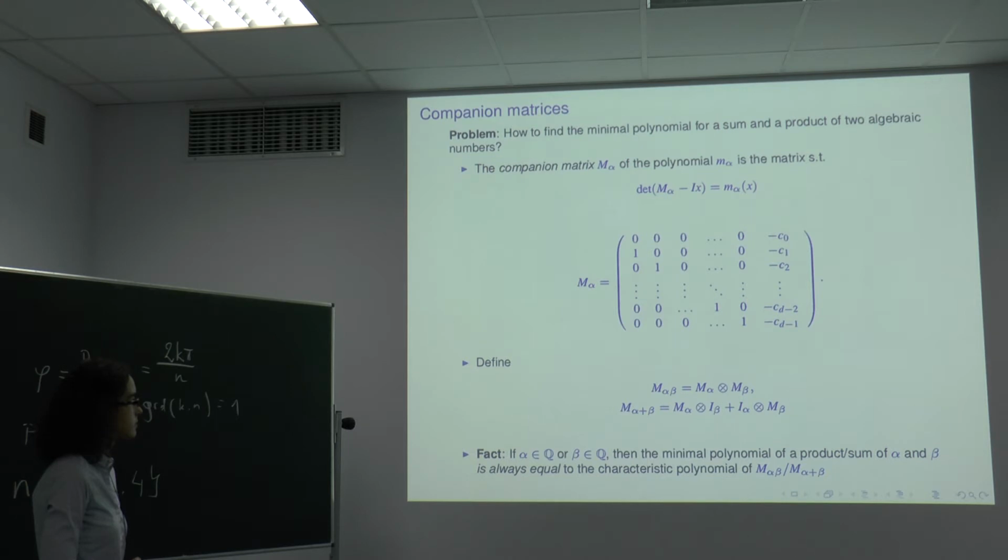So in some particular cases one can show, but it is very non-trivial, that if one of these roots is just a rational number, then the minimal polynomial of a product AB is exactly equal to the characteristic polynomial of this matrix, and the minimal polynomial of the sum A plus B is exactly equal to the characteristic polynomial of this matrix.